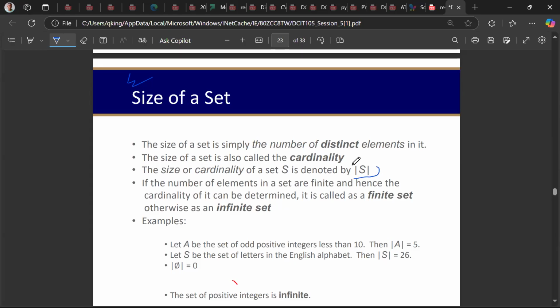So the size or cardinality of a set S is denoted as this. Cardinality essentially tells us how many distinct elements are in a particular set. That is what that means.